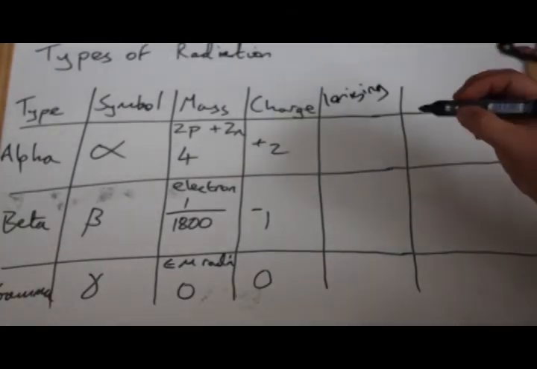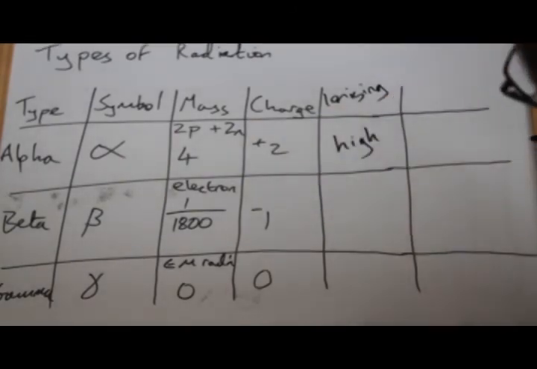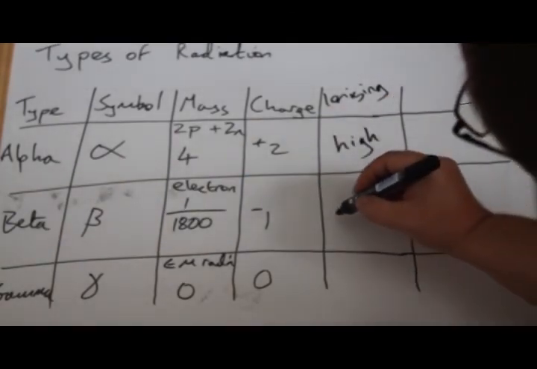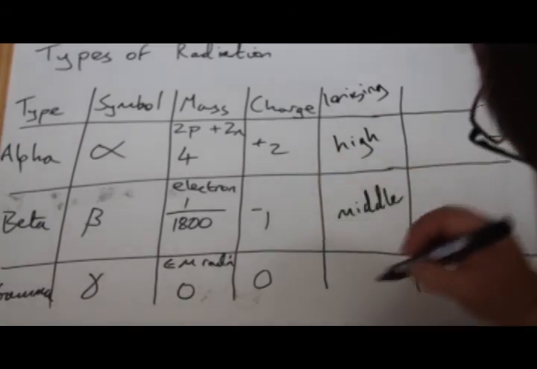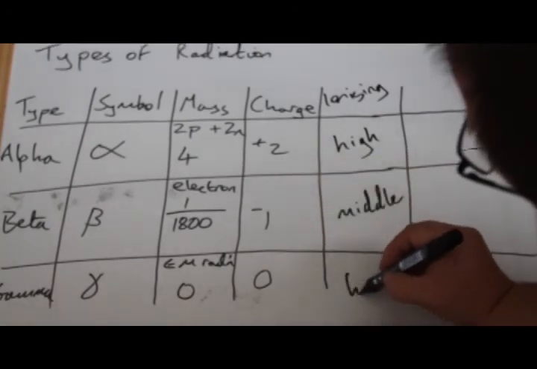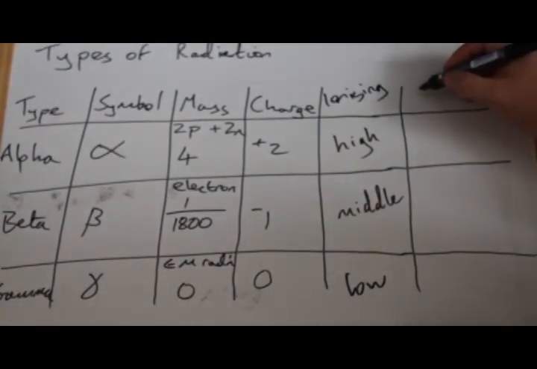Alpha has a high ionisation rate. Beta, we often talk about a middle or medium, and gamma has a low ionisation rate. So you might be thinking, okay, alpha is the most dangerous, then beta, then gamma. But that's not always the case, because we also need to consider how far they travel.